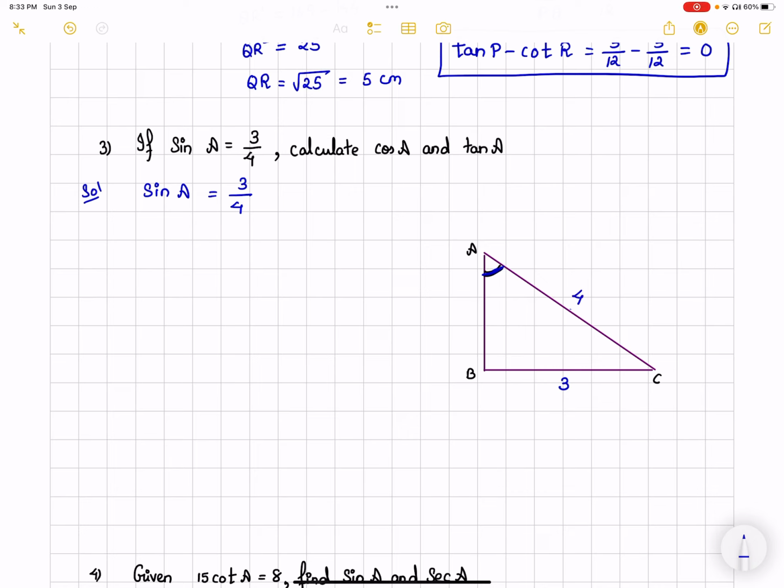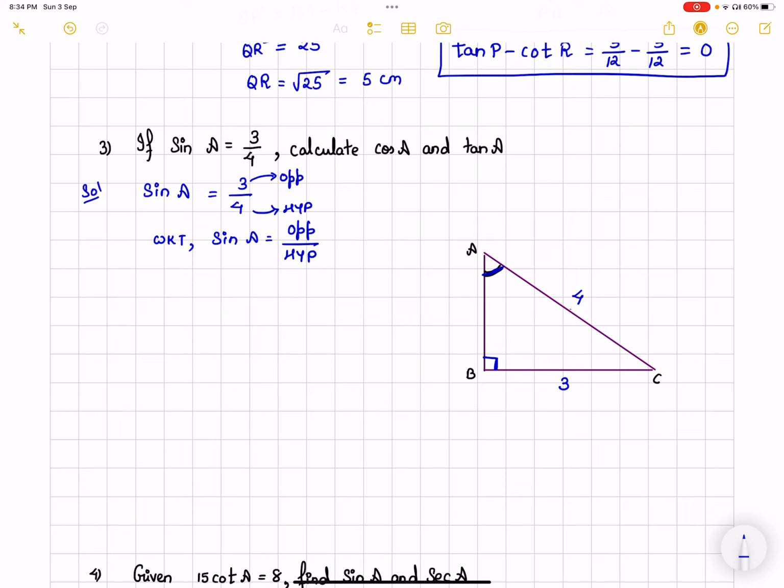See, sine general formula, we know that sine A is equal to opposite side divided by hypotenuse. So based on this ratio, 3 is going to be the opposite side and 4 is going to be my hypotenuse. So I have just filled in. And this is going to be a right angle. So B is a right angle, which means the side opposite to it is obviously the hypotenuse.